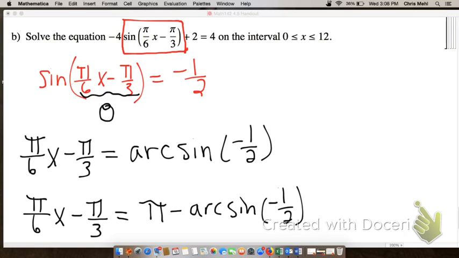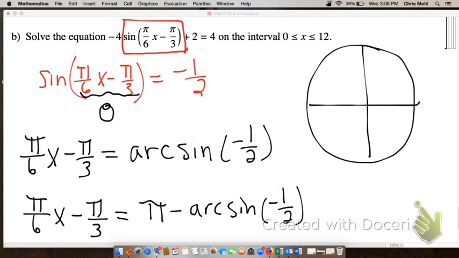Now, arc sine of -1/2 is supposed to be the angle between -pi over 2 and pi over 2. So let me draw my unit circle. We're looking for an angle either in the first or second quadrant that has a sine value of negative 1/2. That angle has to be down here in the fourth quadrant.